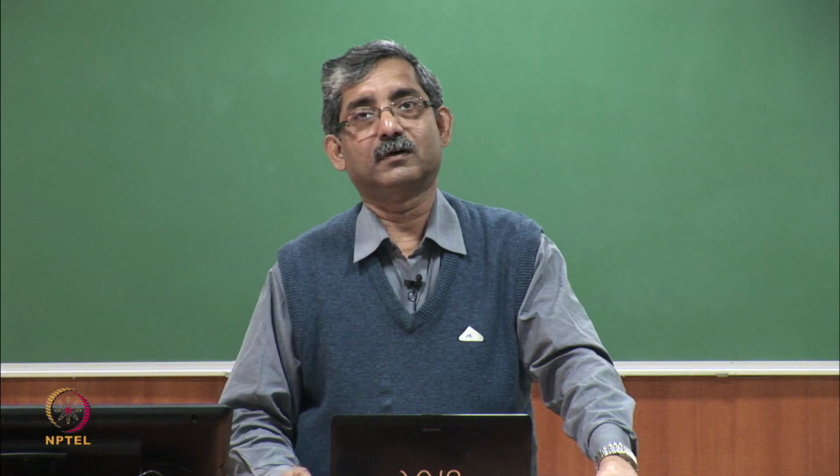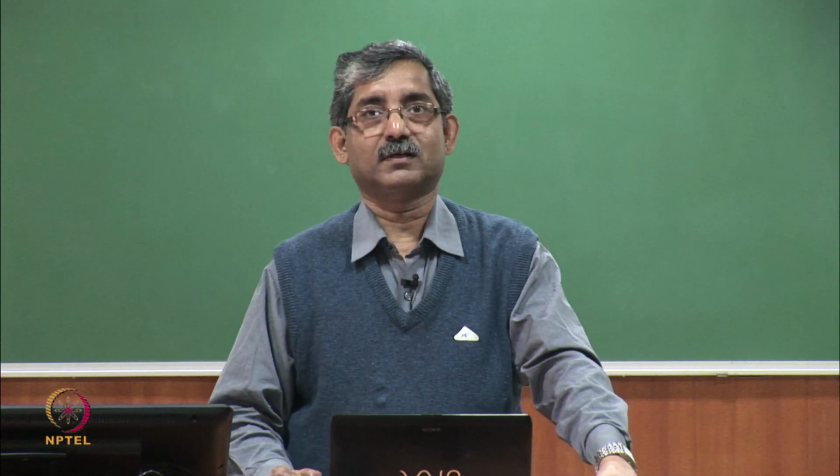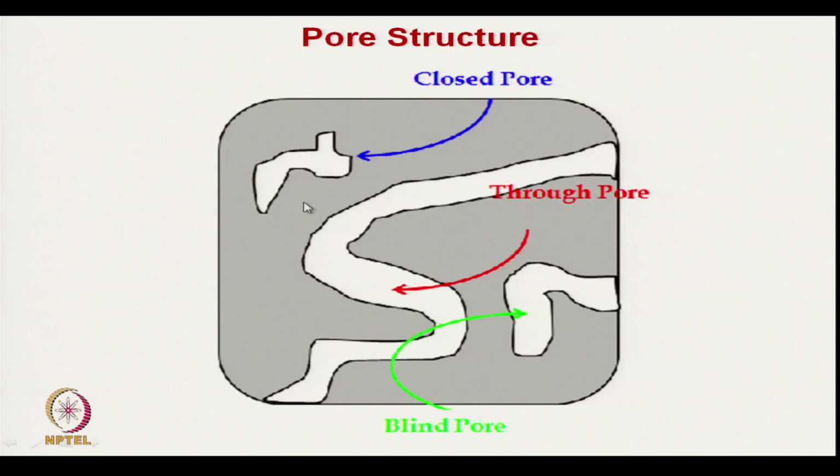So, the pore structures, as I have already mentioned, there are three different types of pore structures. One is closed pore, which is blocked from all the sides; blind pore, which is open from one of the surfaces and ends within the structure; and through pores, that is the pores that start from one surface and end at the other surface.